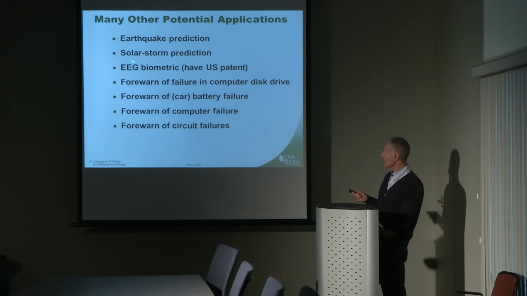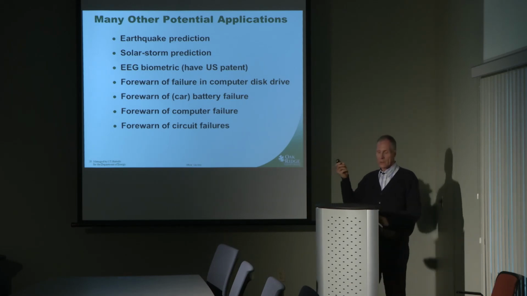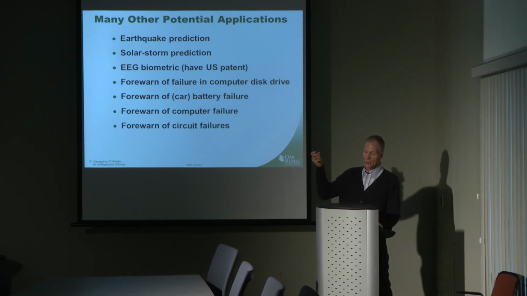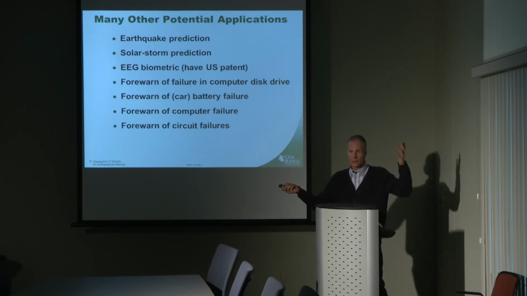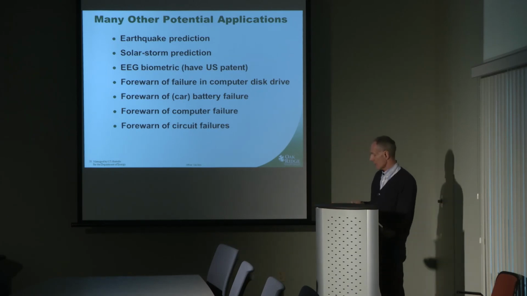I have a patent on using this technique to compare brain waves from known subjects to brainwaves from unknown subjects, and to use the very same dissimilarity measure approach as an EEG biometric.